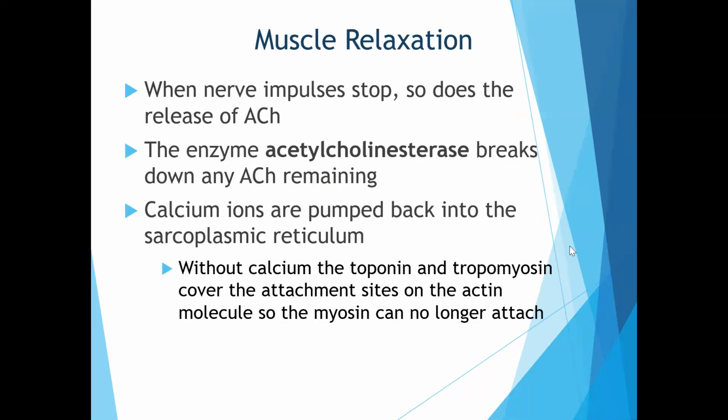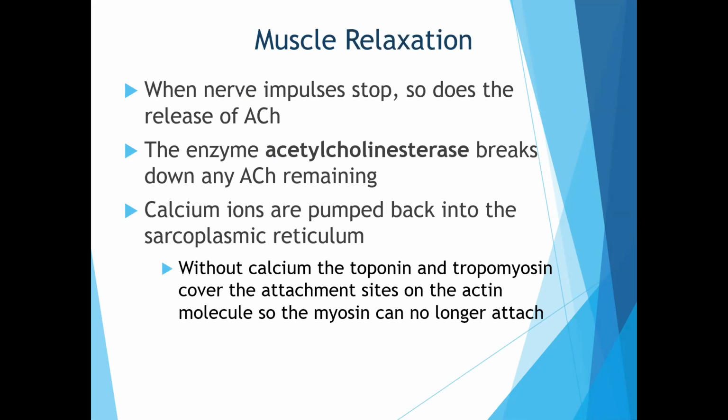All right, muscle relaxation, on the other hand, is when the nerve impulses stop. Once those stop, so does the release of acetylcholine. Just because acetylcholine is no longer being released actively does not mean that all of it is gone from the synaptic cleft. So an enzyme known as acetylcholinesterase, so it erases the acetylcholine, breaks down any of the acetylcholine remaining in the cleft.